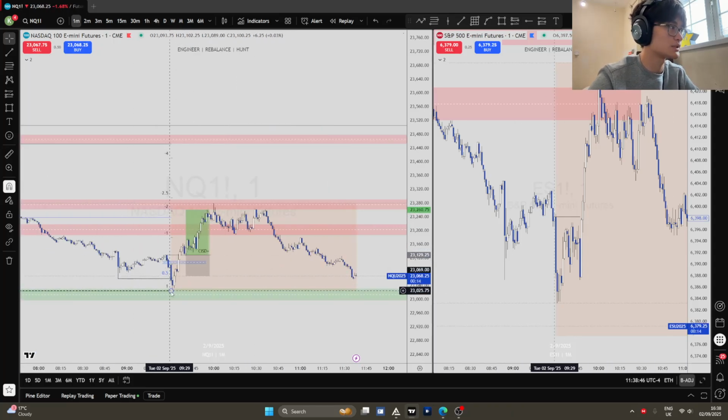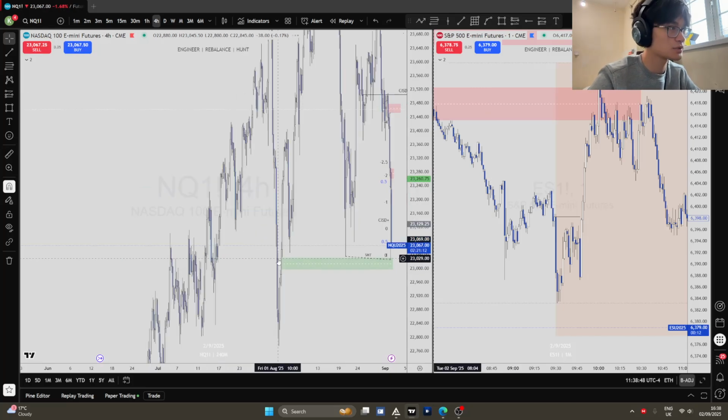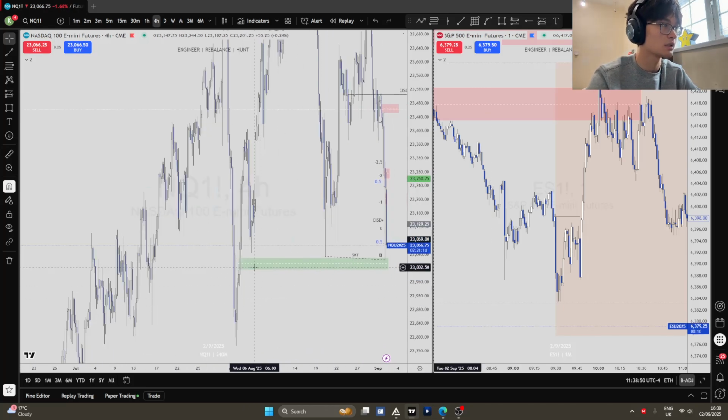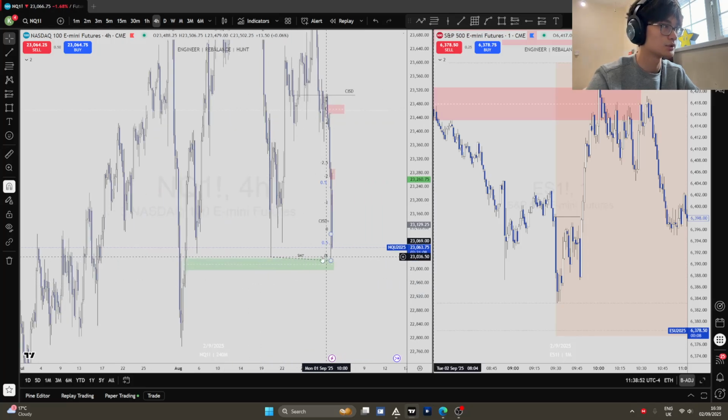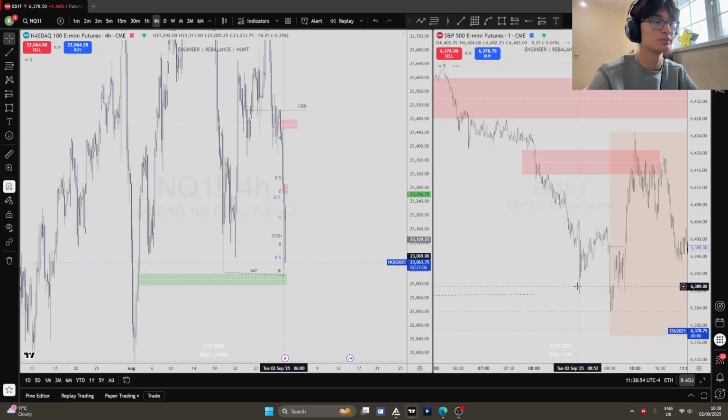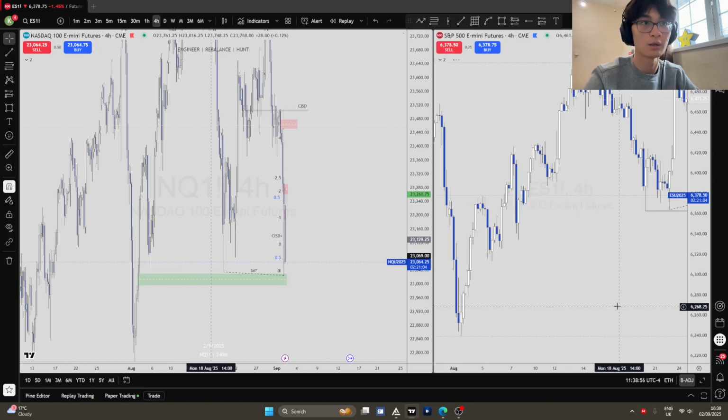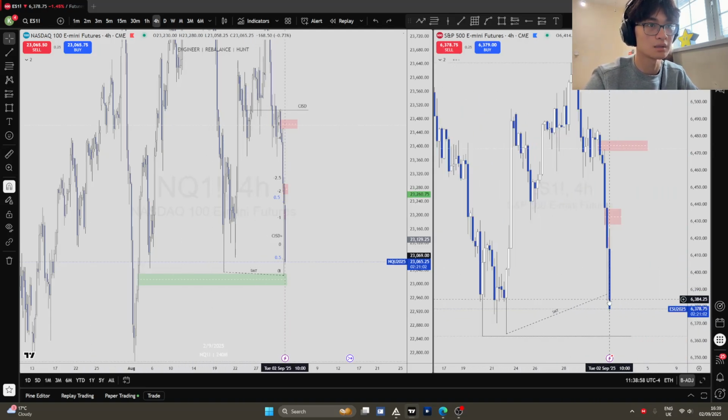We had already tapped into that, so I was like, oh, what did we tap into? Tapped into the 4 hour SIBI, BISI, and also swept liquidity, and also we have some big SMT here.